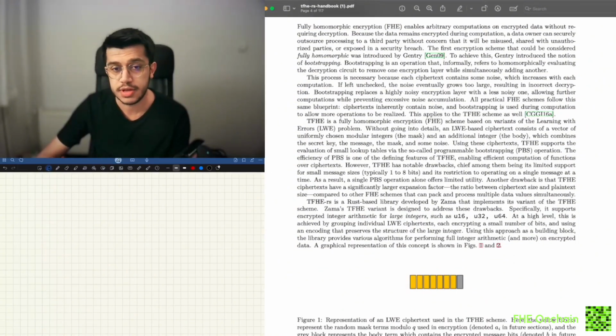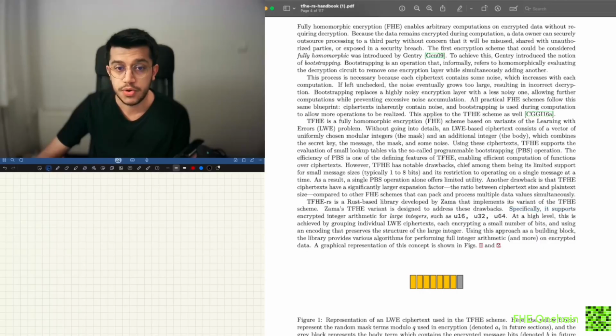Yeah, of course, it's worth mentioning the definition of TFHE as well. TFHE is a Rust-based library developed by Zama that implements its variant of the TFHE scheme. And they mention that Zama's TFHE variant is designed to address some of the drawbacks coming along with the earlier versions.